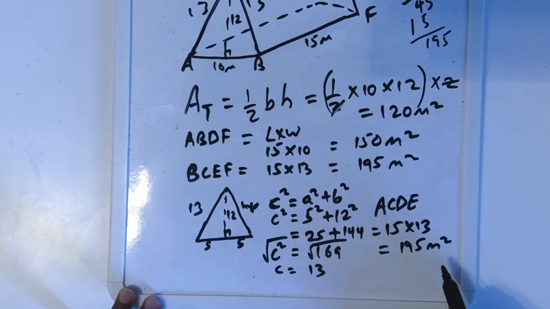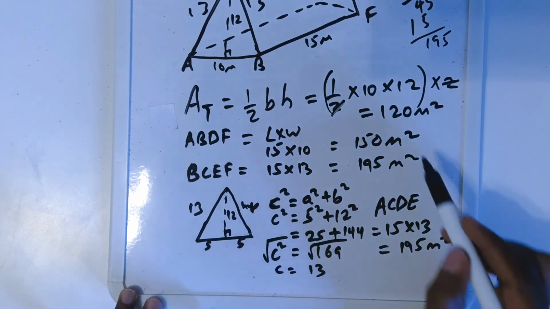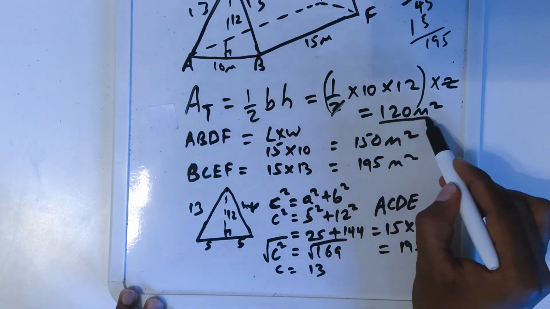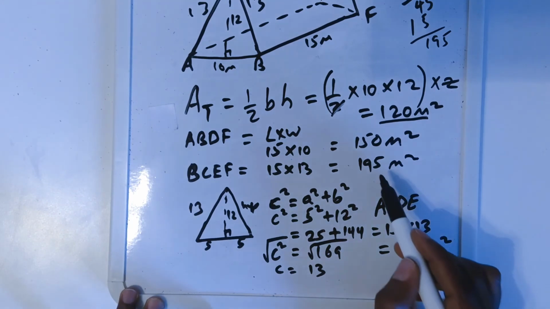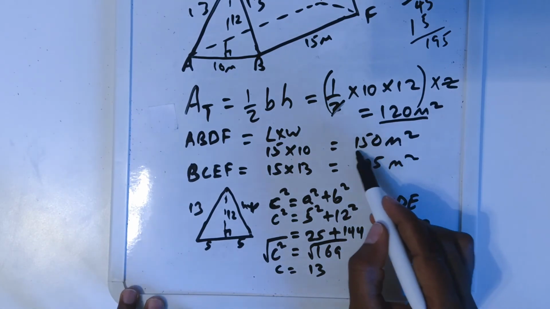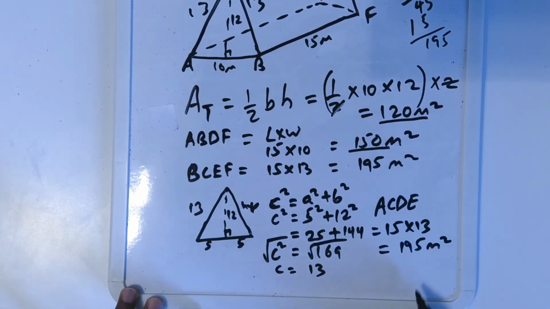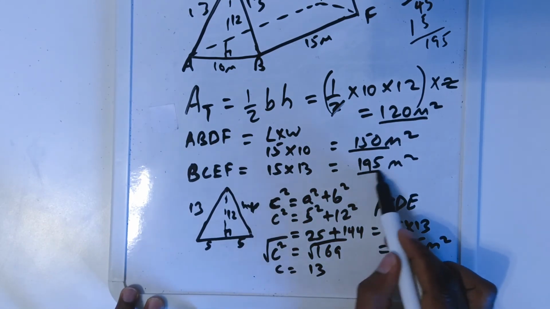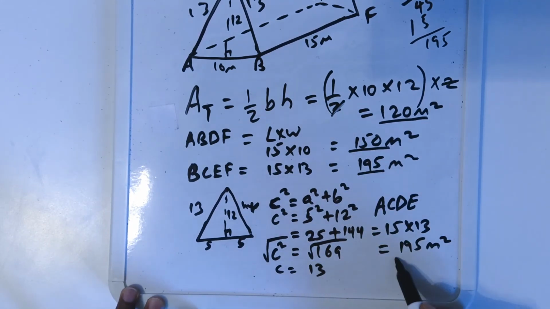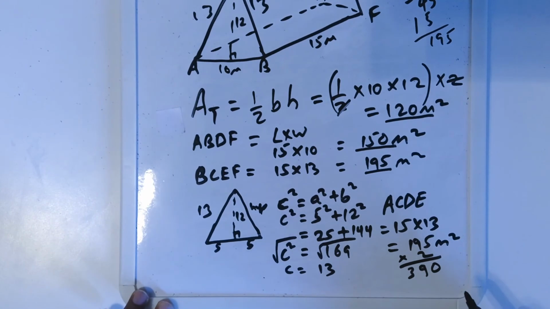So you have the area of the two triangles, which is 120, the area of one of the rectangles, 150, and the area of the other two rectangles are each 195. So 195 times 2 gives me 390.